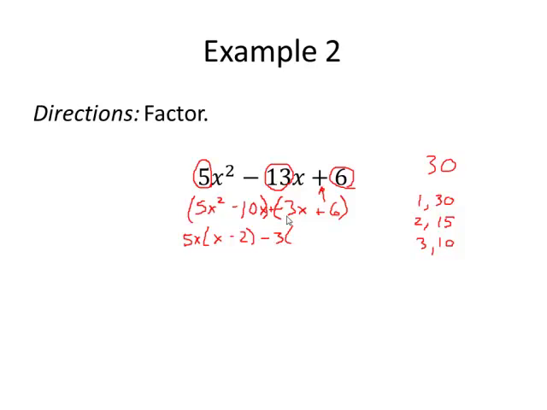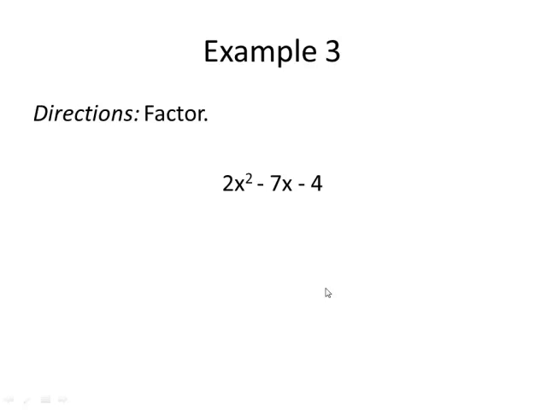Now, I'm always going to take out a minus if my leading coefficient inside here is negative. So what's left here is x minus 2. These, of course, match. If they don't, you have a problem. Okay, so I take out the x minus 2, and what's left is 5x minus 3. Okay, and it's factored.